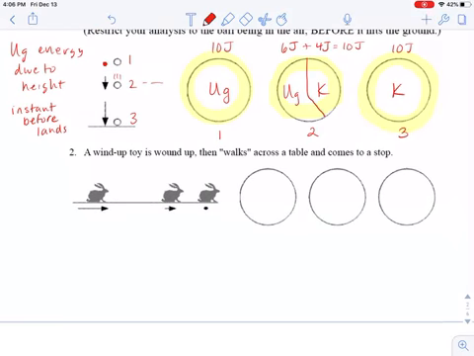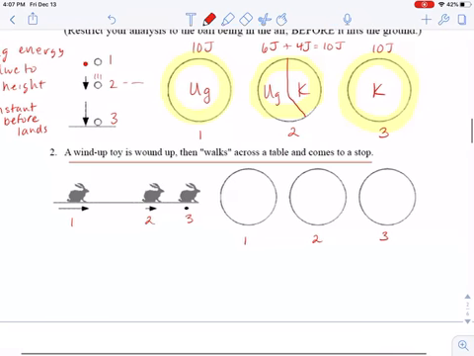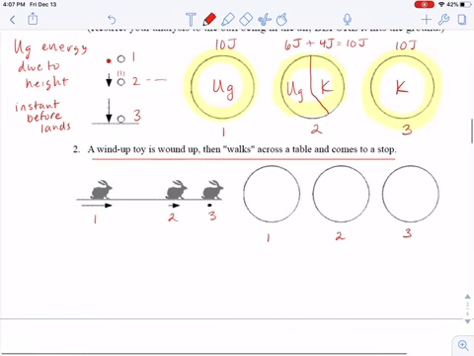Let's try another example. A wind-up toy is wound up, then walks across a table and comes to a stop. Once again, I'm going to number these and number my pies. So I'm going to assume that the wind-up toy is wound up, and at position number 1, the thing is walking. It has just begun to walk.